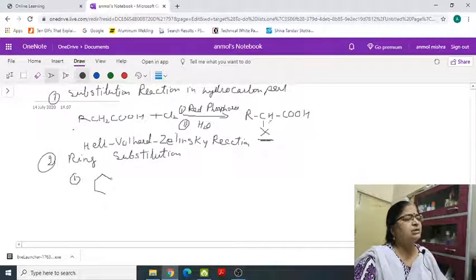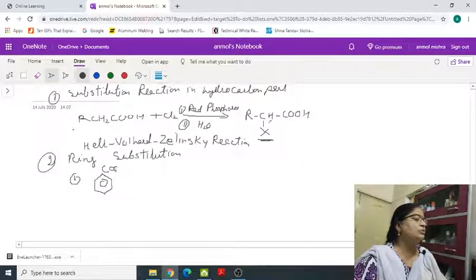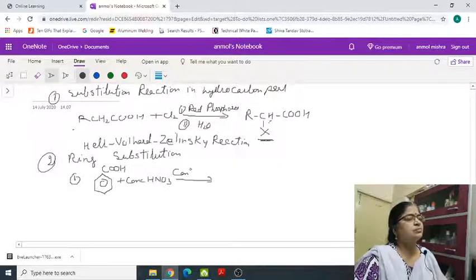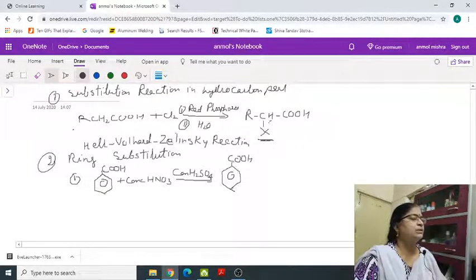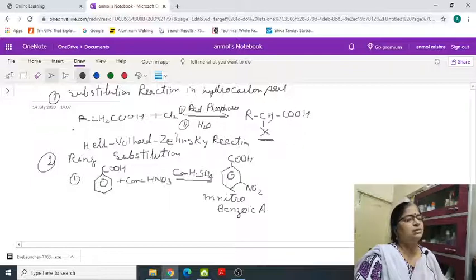Now carboxylic acid is a meta-directing group, so the incoming group will go to the meta position. So it will form meta-nitrobenzoic acid.